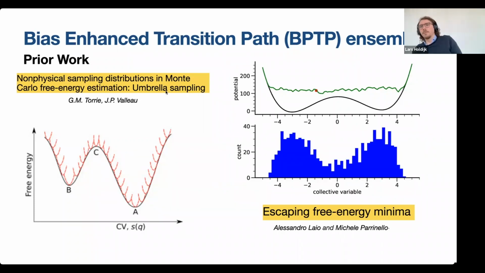So that's how you can imagine these bias potential systems to work, where you have an initial distribution or initial potential energy, and these bias potentials fill in these gaps in the potential energy such that the distribution along the paths becomes uniform. So yeah, these are two very informative works if you want to have a closer look at these bias-enhanced transition path methods.